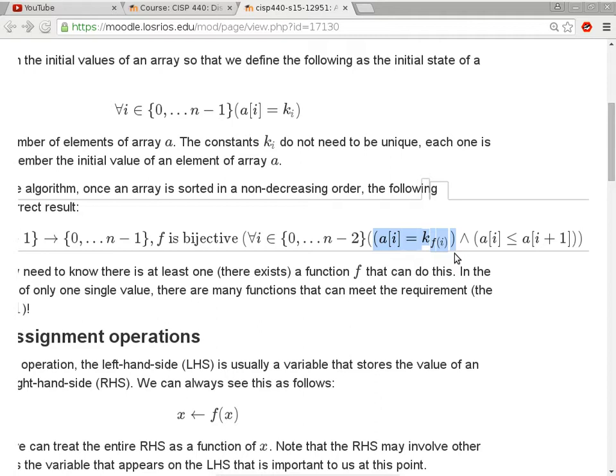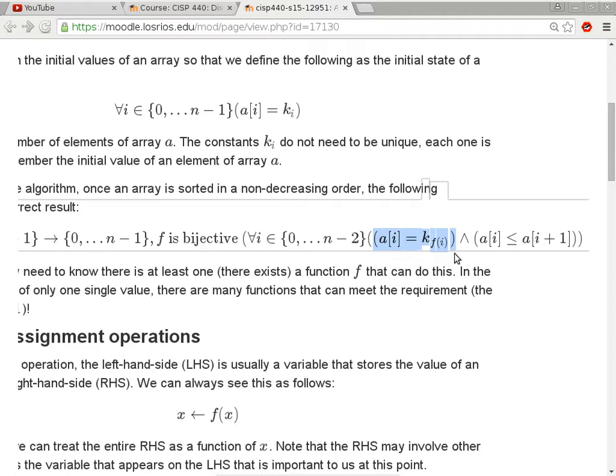So all I'm doing here is to label this k subscript 1, this is k subscript 2, this is k subscript 3, so that I have 0, 1, 2. So I have a way to refer to the initial values of elements in the array. That's the whole purpose of the k. K subscript something is really just referring to the initial value of elements in the array.